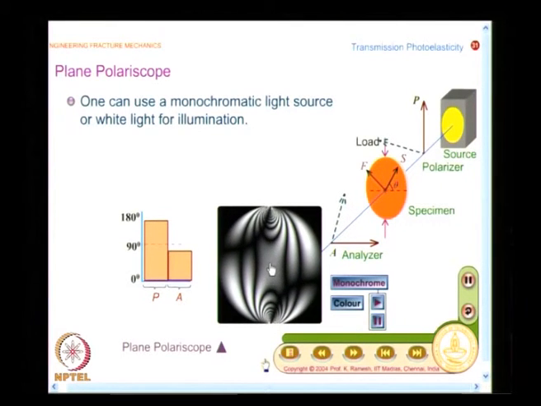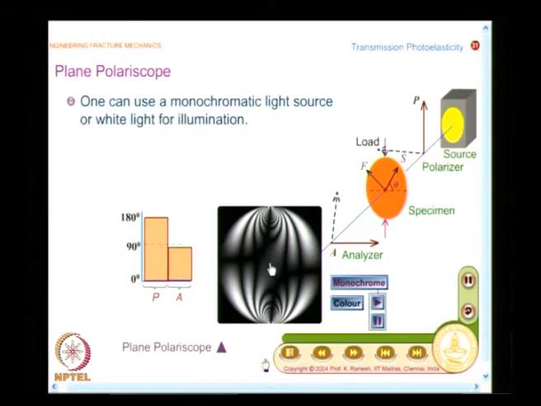The model cannot distinguish whether the phase difference is 0, 2 pi, 4 pi, 6 pi, 8 pi, it cannot differentiate that. So, that is why I get multiple contours. So, one possibility of fringe formation is the model behaving like a wave plate. So, the input plane polarized light comes out as plane polarized light unaltered.